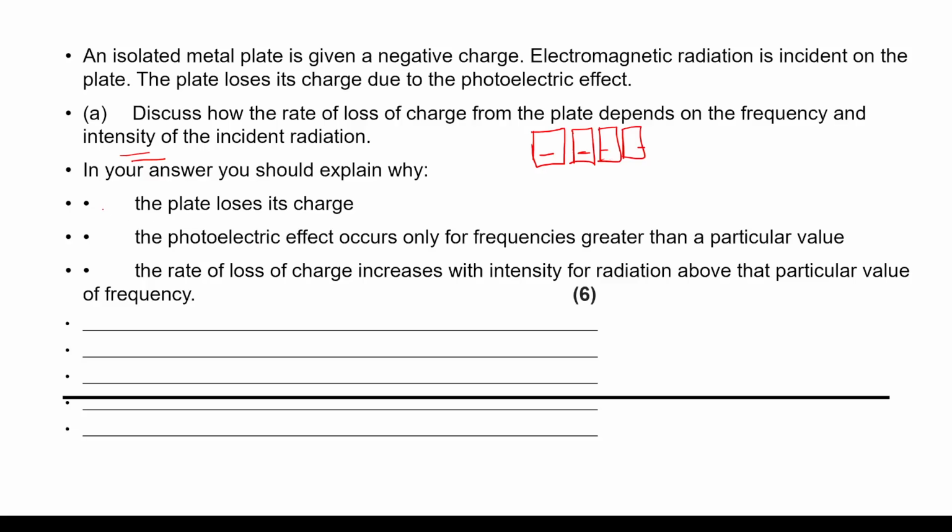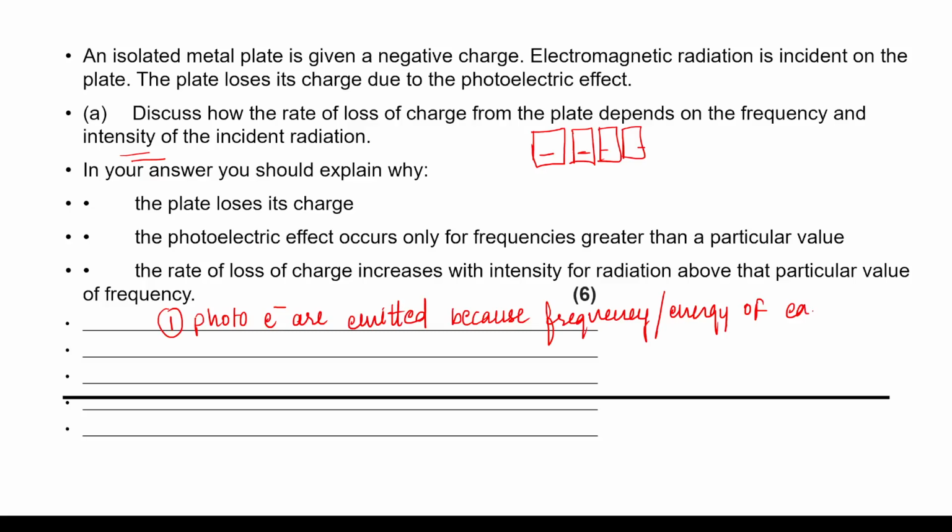So you should explain why the plate loses charge. Why would the plate lose its charge? Because photoelectrons are emitted. I'm going to explain point by point. Photoelectrons are emitted. Why are they emitted? Because the frequency, or energy of each photon, is higher than what?